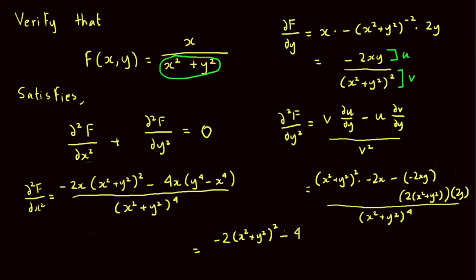Actually, no, minus becomes plus, so plus 4y squared x times. Oh, sorry, I forgot to put the 2x here. Let me erase that real quick. It bothered me just now. 2x, (x squared plus y squared) to the power of 2, 4xy squared x.